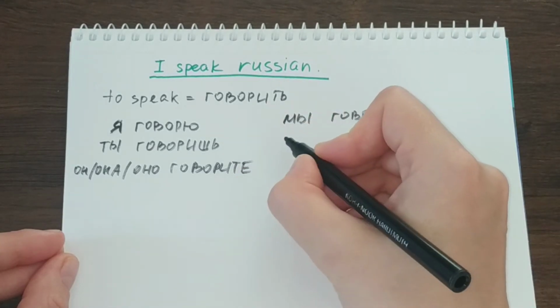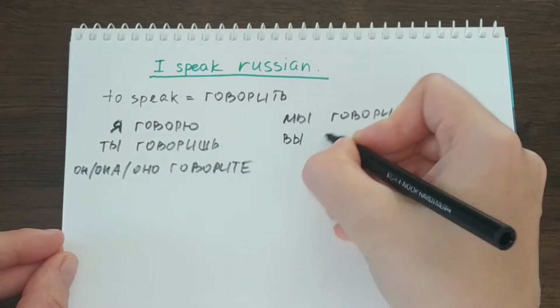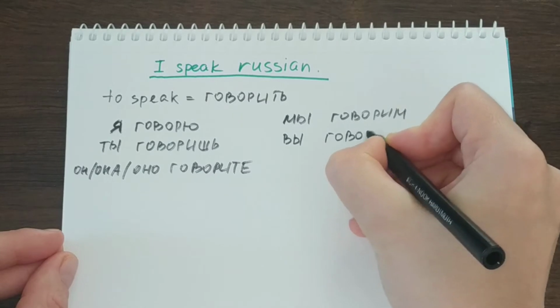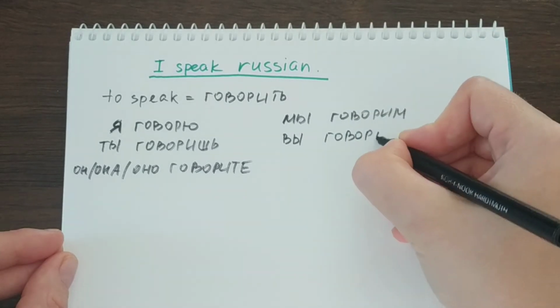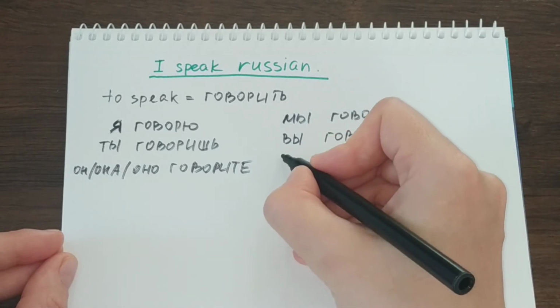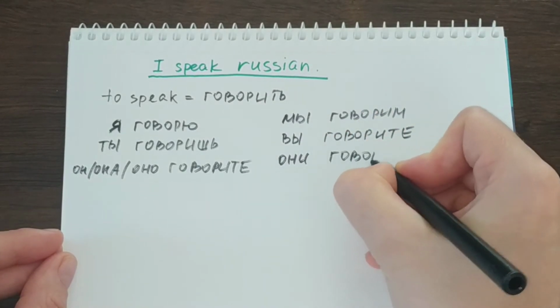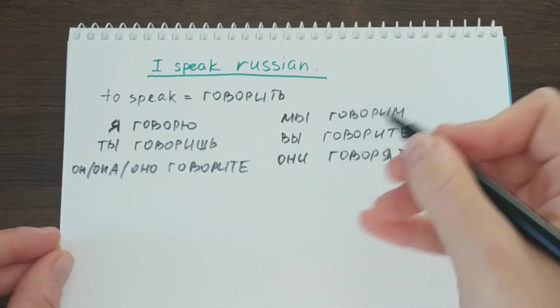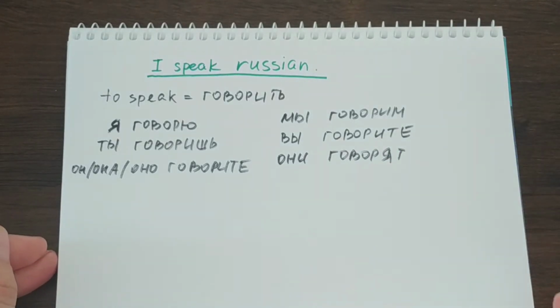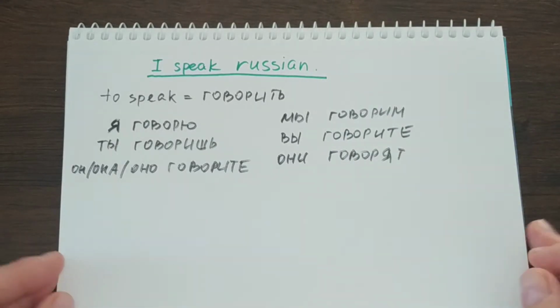The plural form of ты will be вы говорите. You speak, вы говорите. And the plural form они, they, говорят. So that is the actual forms of the verb to speak, говорить, when they are conjugated in the present tense.